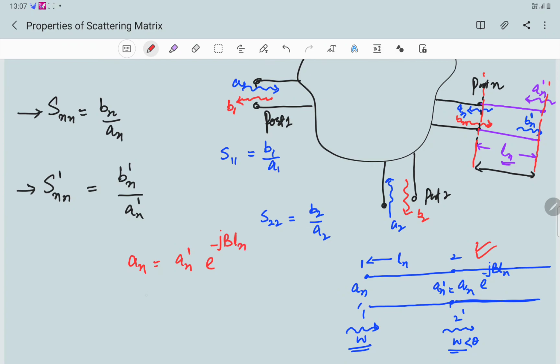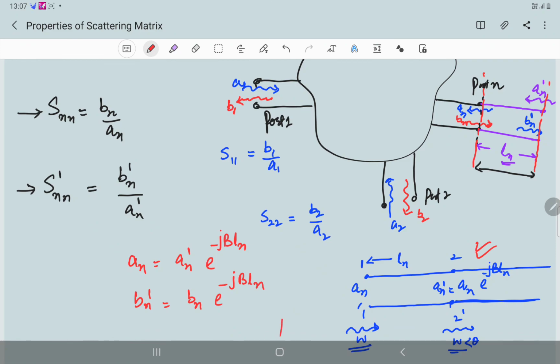And I can also say Bn dash would be the same as Bn, same amplitude, and then a phase delay of e to the power minus j beta ln.